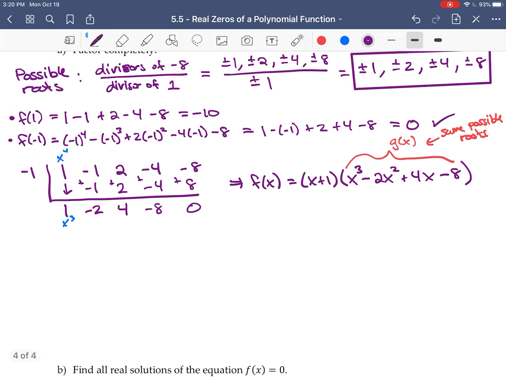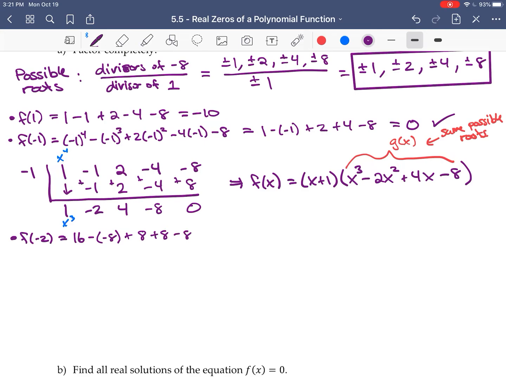So we did 1, -1, maybe we want to do, I don't know, -2. Okay, so that's going to be -2 to the power 4 is 16. Minus -2 to the power 3 is -8, plus 2 times negative 2 squared, that's going to be plus 8. And then I'm going to have minus 4 times negative 2, so that's going to be a plus 8.